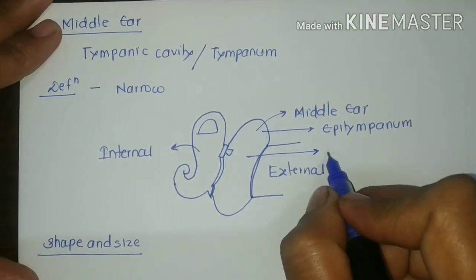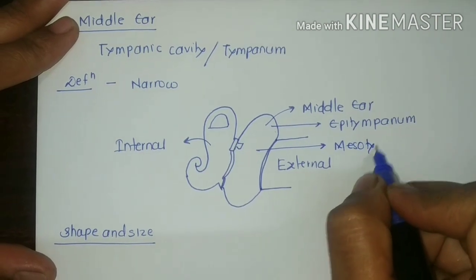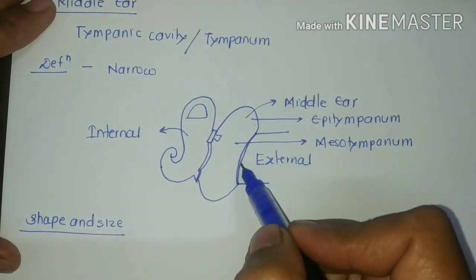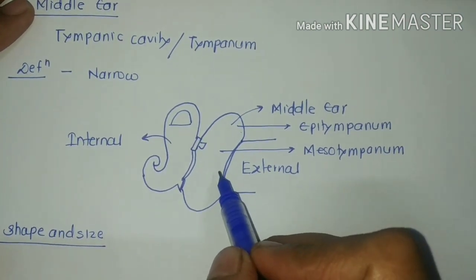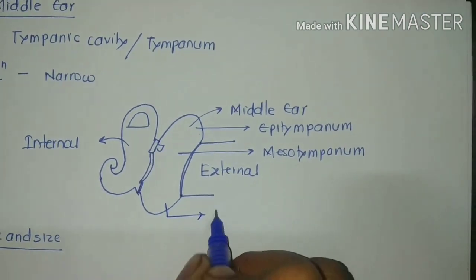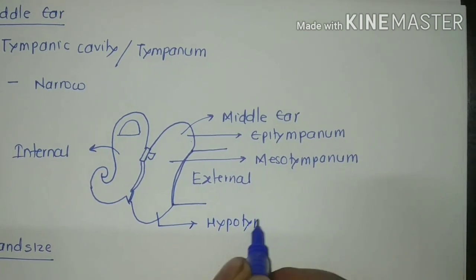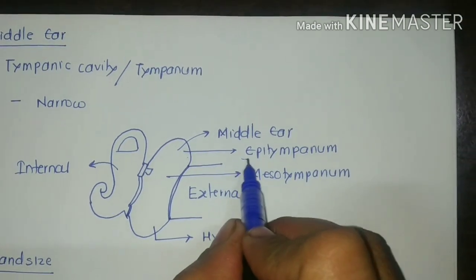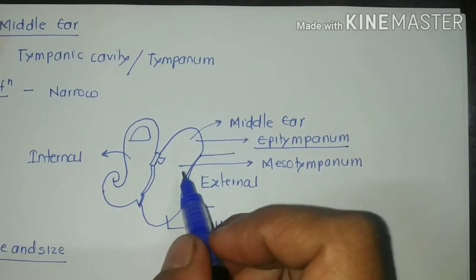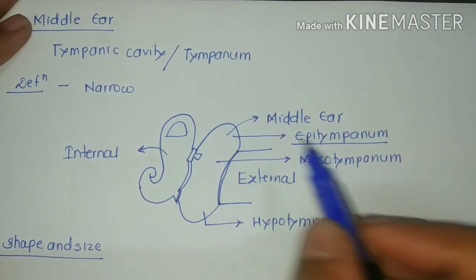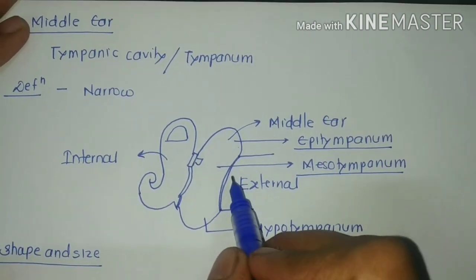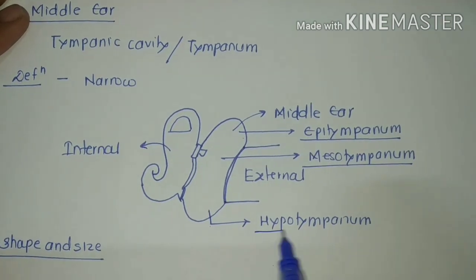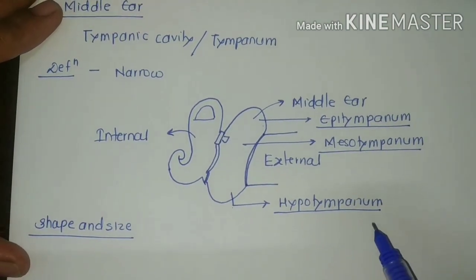The mesotympanum, also called the tympanic cavity proper, lies opposite the tympanic membrane. And the third part is the hypotympanum, which lies below the level of the tympanic membrane. Clear? So the epitympanum lies above the level of the tympanic membrane, the mesotympanum is opposite the tympanic membrane, and the hypotympanum lies below the level of the tympanic membrane.